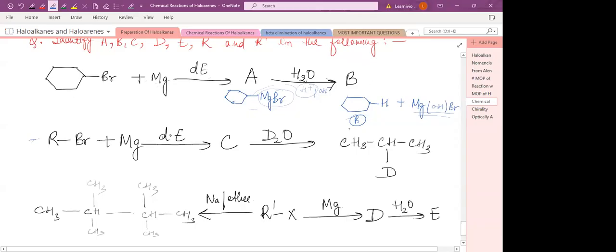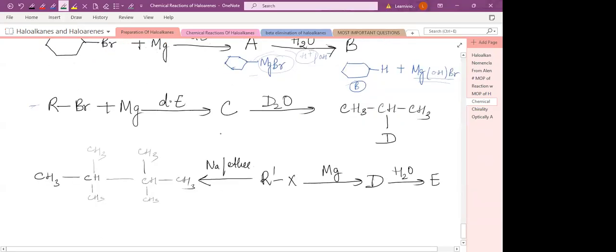Just like the first one. You have to prepare the Grignard reagent. Yes, Muniba. What is C? CH3, CH, CH3 with MgBr. CH3, CH2, CH3.